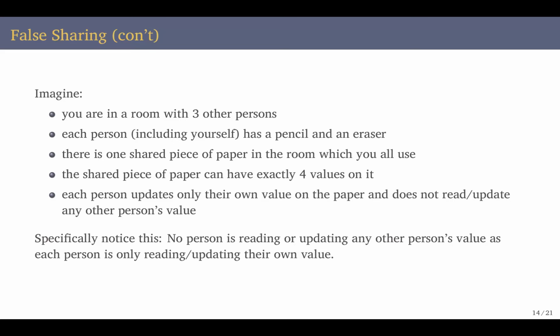Okay, but this time we'll have the shared piece of paper and we can have exactly 4 values on it. Each of those 4 values, one is for person 1, another for person 2, another for person 3, another for person 4, and you only read and write your own value. You don't care what anyone else's values are.